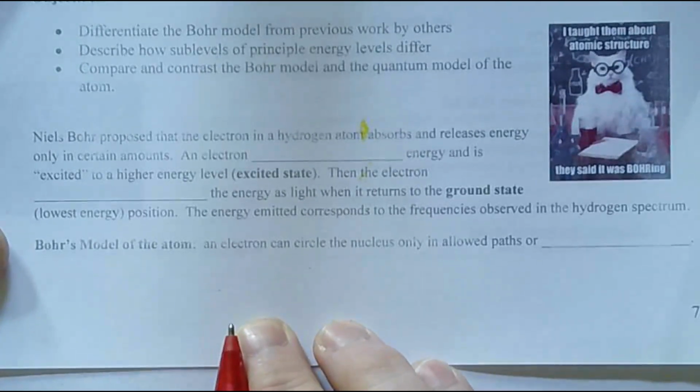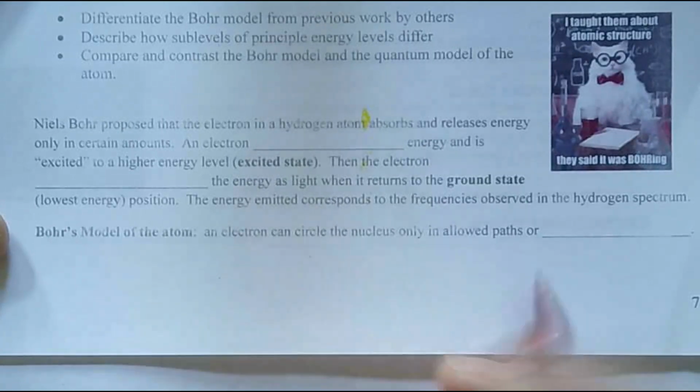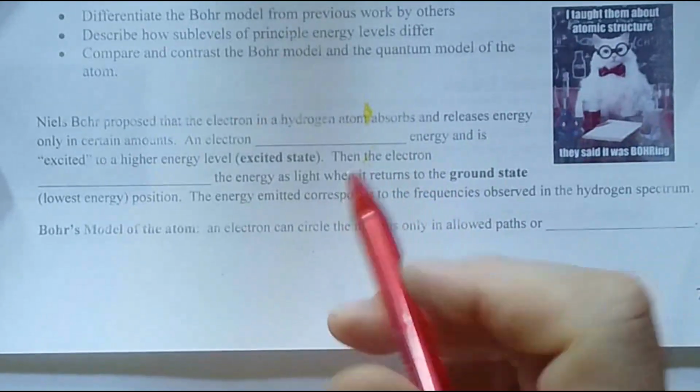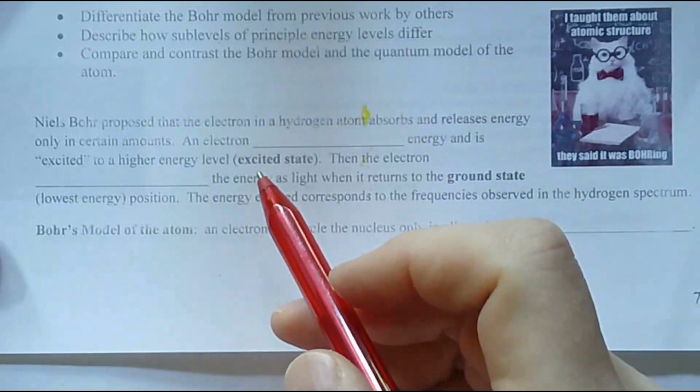Now, that was a pretty good atomic model, but it didn't explain certain things. That was what was driving the scientific community: we've got a pretty good atomic model, but we're not there yet.